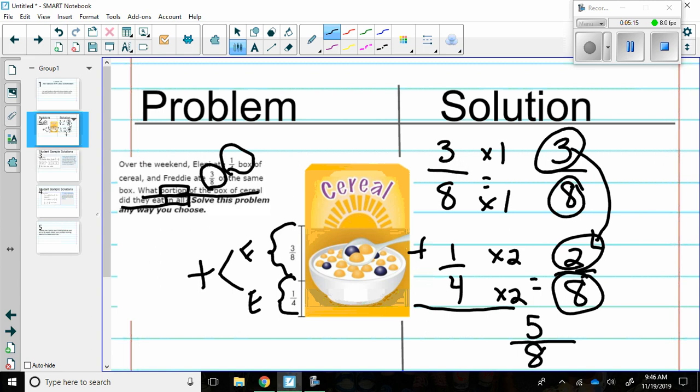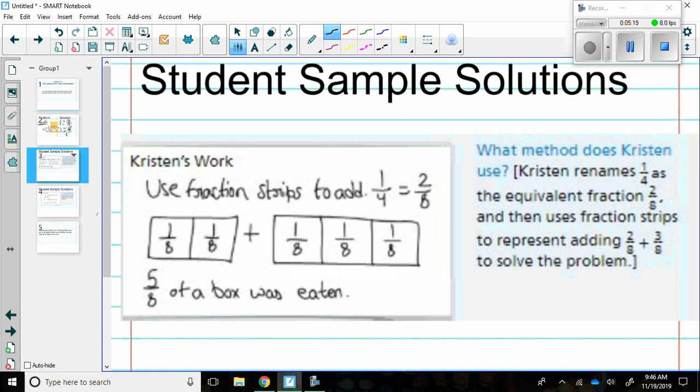Let's look and see how the other students solved it. Let's look at Kristen. What method does Kristen use? She does the same thing that I did, but she does hers in a pictorial way where she shows pictures. You can see that she used fraction strips to change 1/4 to equal 2/8.